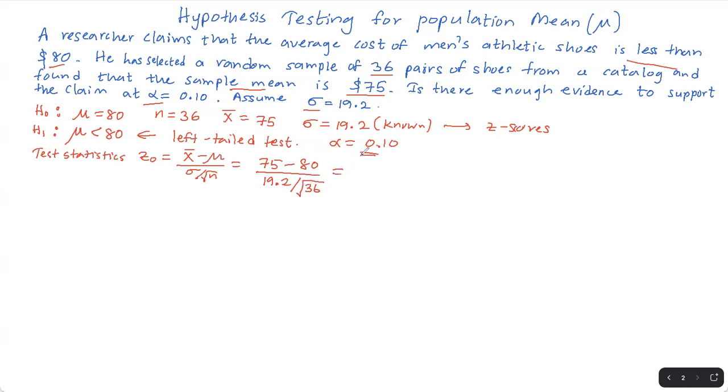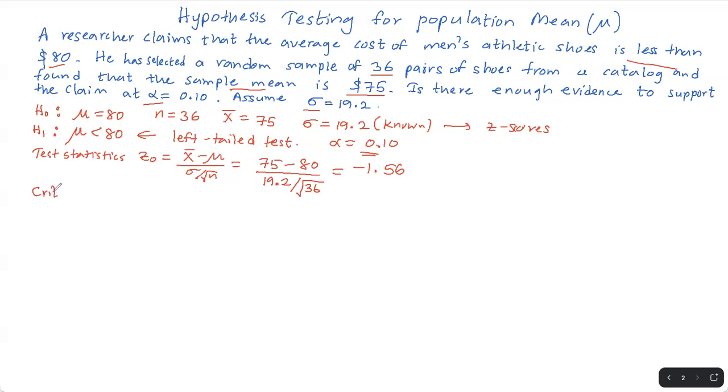So the value of this test statistic is negative 1.56. Now, as you know, there are two methods to make a decision, the critical value method and the p-value method. I'm going to use both methods in this video.